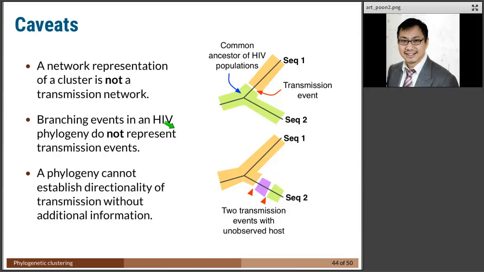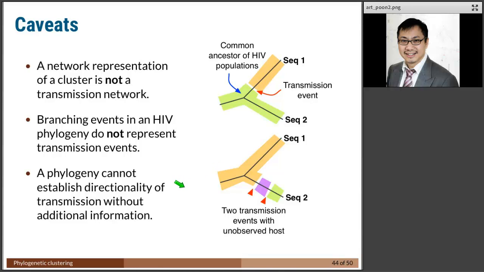Second, there can be other transmission events through unobserved hosts. So this is just one possibility. Again, we have two sequences. This represents the virus lineage being in this first host, and then we have two transmission events, one through this unobserved host along this branch. So that's another example of how there's this discordance between the information in the phylogeny and transmission events.